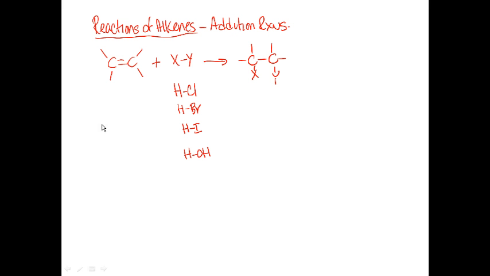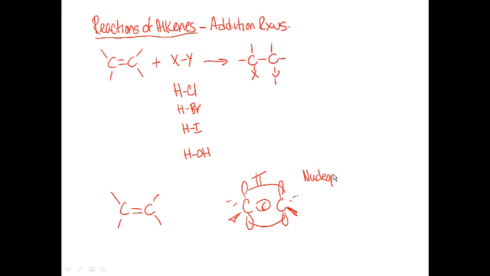So first let's look at the double bond and remember what a carbon-carbon double bond looks like. We've got a pi bond and a sigma bond. So we've got a carbon held together by a sigma bond, and then the two p orbitals overlap to form the pi bond. And then we've got our other groups in the same plane. Now, in terms of classifying a double bond, I classify a double bond as a nucleophile, in other words, something that is electron rich.